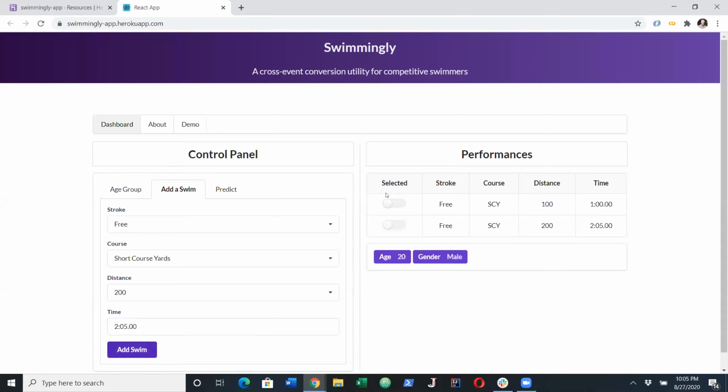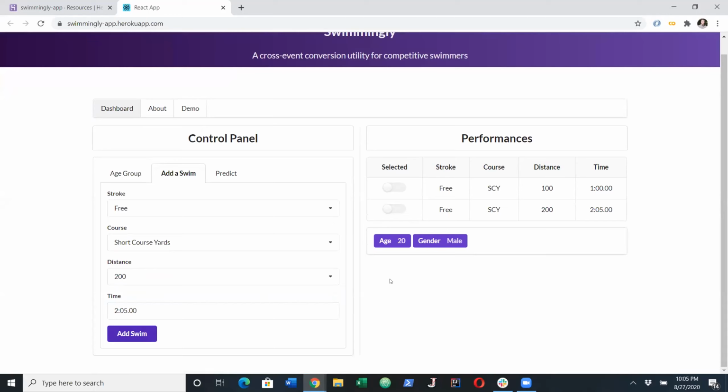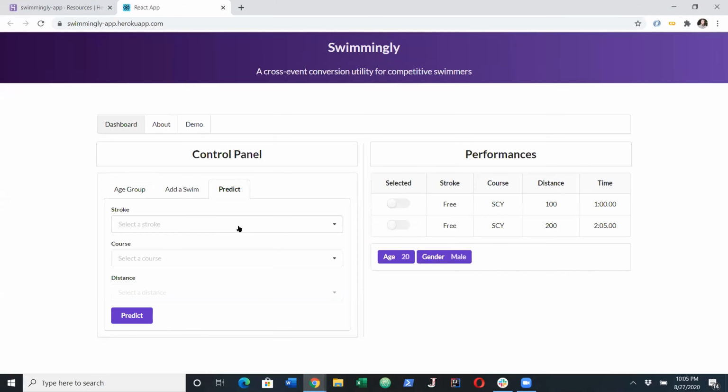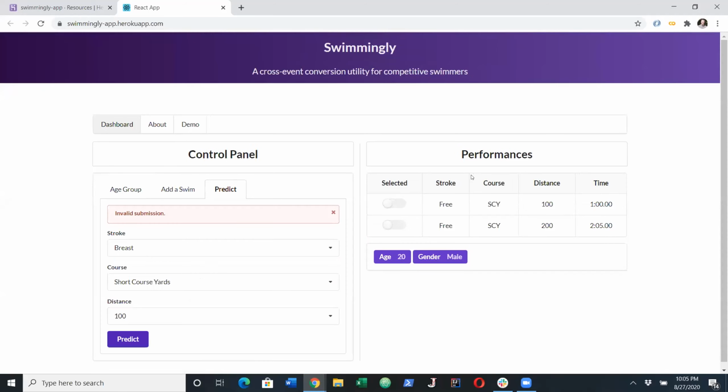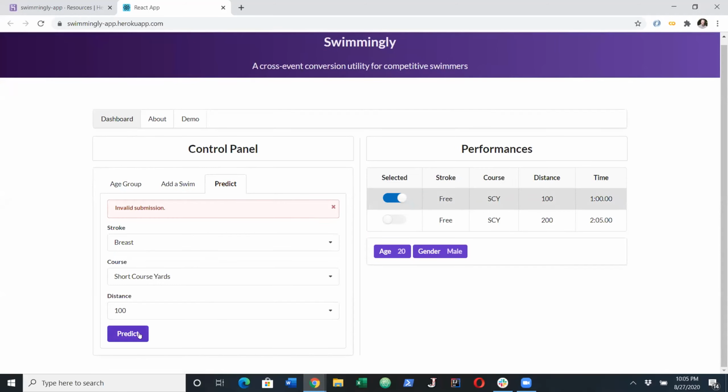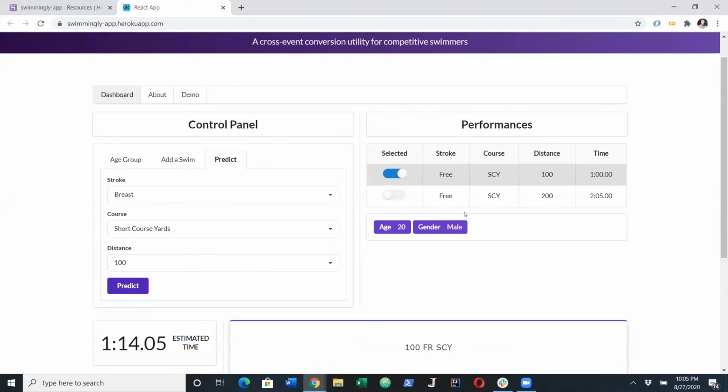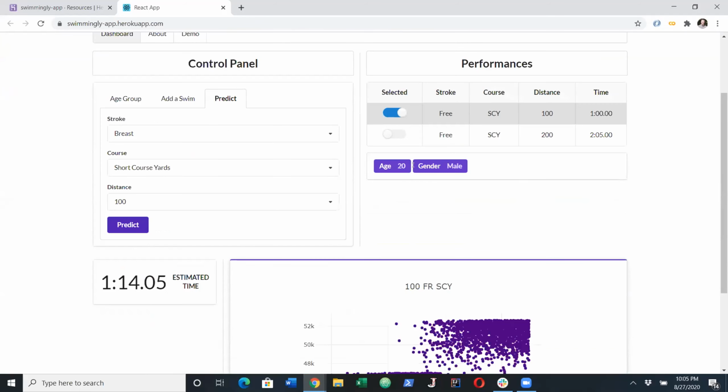You'd add the times to the app, and then as a user, you'd select which ones you wanted to use in a prediction for an event. So you have to choose an event you want to predict for. I'm going to go with the 100 breaststroke. And you have to select one first. It uses the information you selected as well as your age and gender to predict.